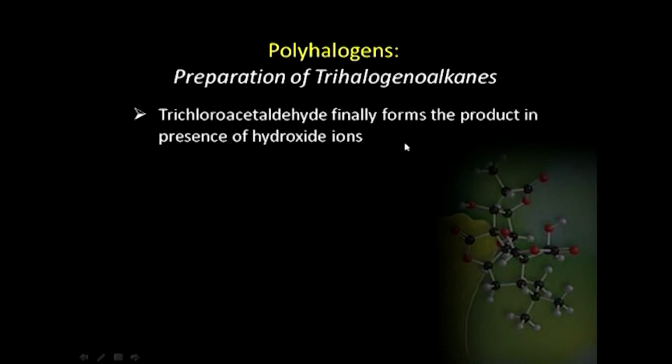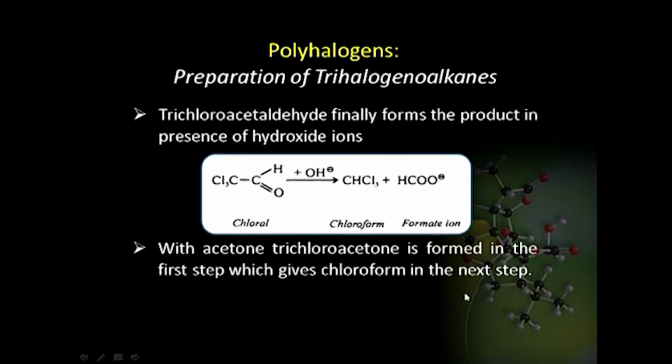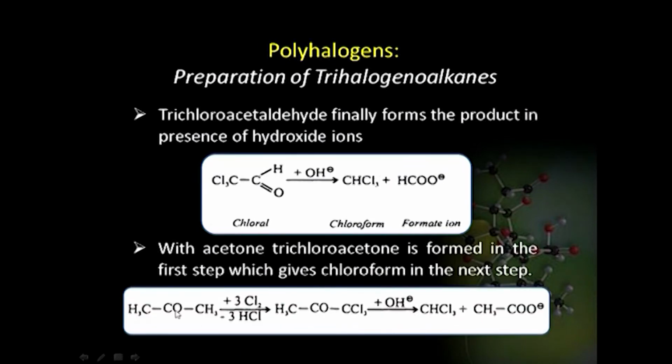Trichloroacetaldehyde finally forms the product in presence of hydroxide ions. This is the chloroform molecule. With acetone, trichloroacetone is formed in the first step, which gives chloroform in the next step.